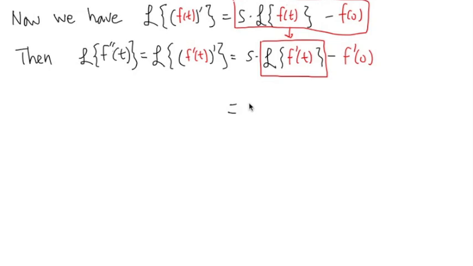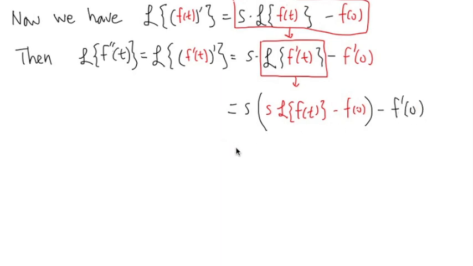So I have an s on the outside. Let me open the parentheses. So this will be s times the Laplace of the original function minus f of 0. Then on the very outside, we still have minus f prime of 0.